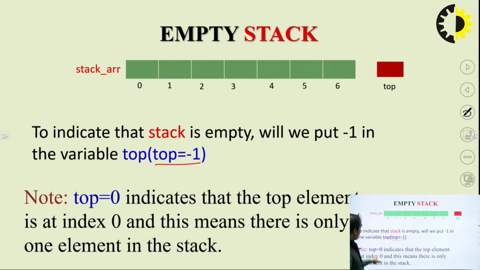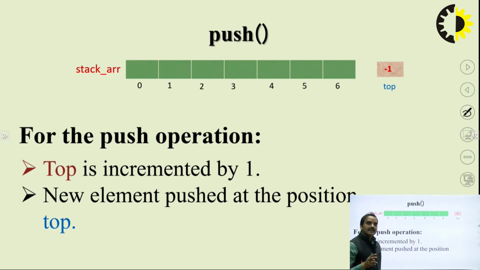Now top equal to 0 indicates that the top element is at index 0, and this means there is only one element in the stack. If top is equal to minus 1, there is no element in the stack. If top equal to 0, there is one element in the stack. This condition is basically implemented at the time of designing the stack.